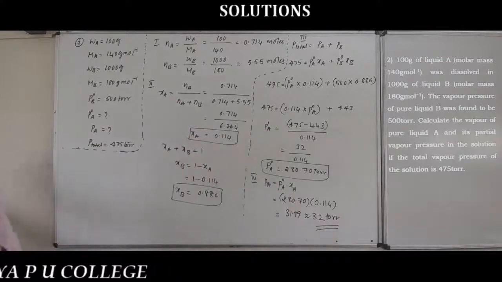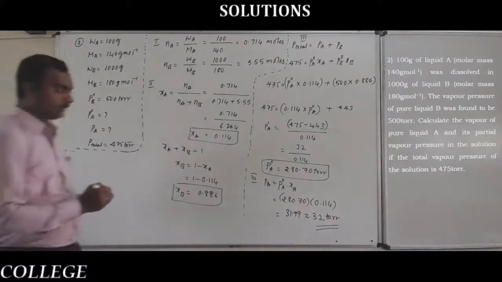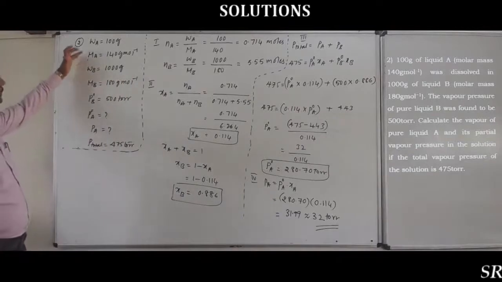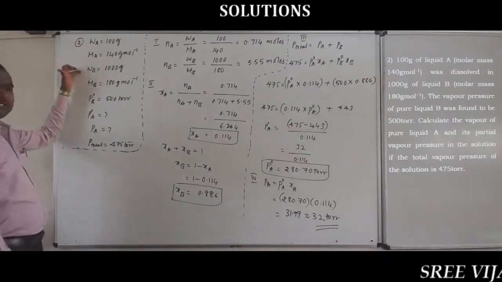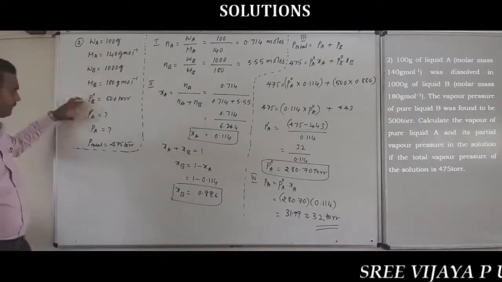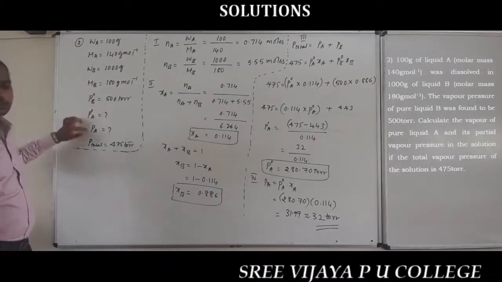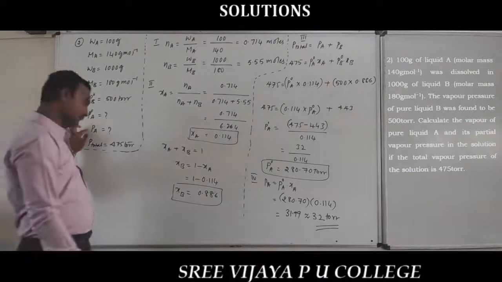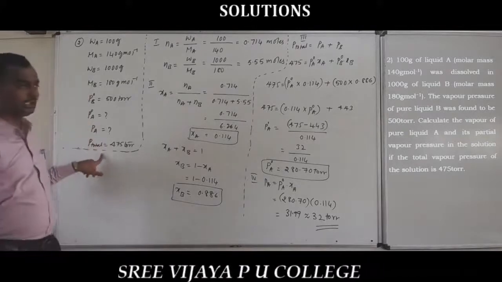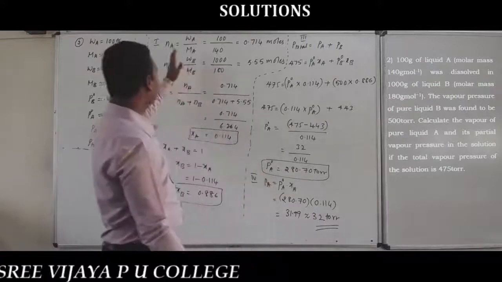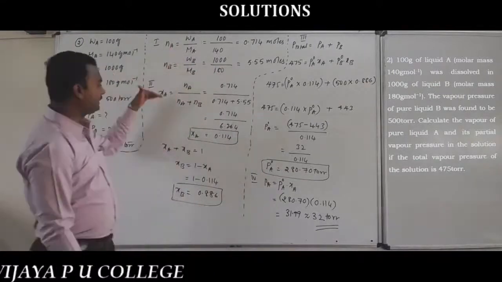So that's about problem number 2. Here they have given the data, that is WA, WB, molecular masses and masses of components A and B. P naught B is given, P naught A, the pure component A vapor pressure, we have to calculate, and also we can calculate the partial pressure of component A in the solution. They have also given the P total, that is 475 torr. So first we have to calculate the number of moles, then the mole fraction.